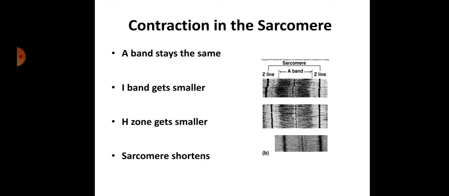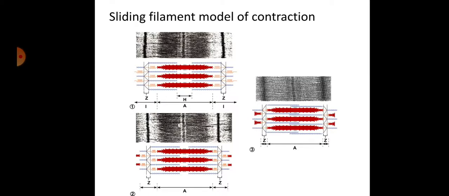In contraction, the A band stays the same, the I band gets smaller, the H zone gets smaller, the sarcomere shortens, and contraction takes place.